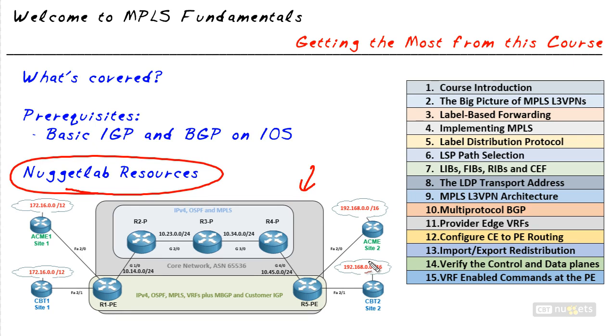So for example, if we're adding the routing protocol between the customer edge and the provider edge, or we're implementing multi-protocol BGP between R1 and R5, I've included those scripts, the actual commands that I'm using in the videos so that you can have them for your reference. Because my intention is for you to build this alongside me. Because as you mix in the practice aspect to watch, learn, and conquer, in addition to knowing how MPLS Layer 3 VPNs work, you can also have some hands-on practice with them.